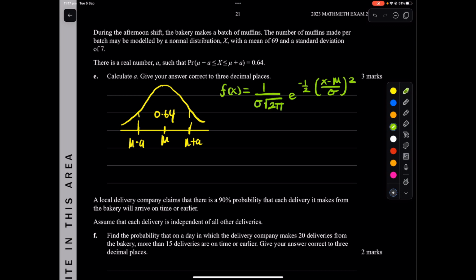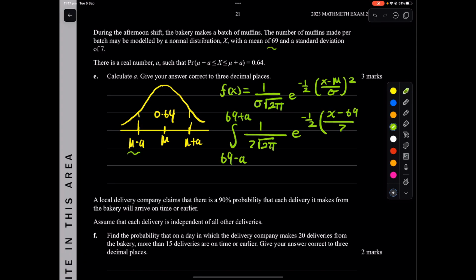We find the integral from 69 minus a to 69 plus a of this function. Our standard deviation is 7, our mean is 69, and x we don't know. Doing that should give us our value of a.